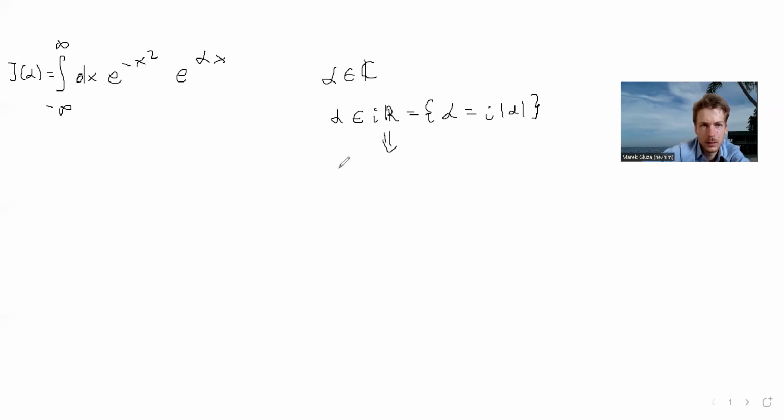In this case, the integral, which depends on alpha, is the Fourier transform at minus i alpha of e to minus x squared.